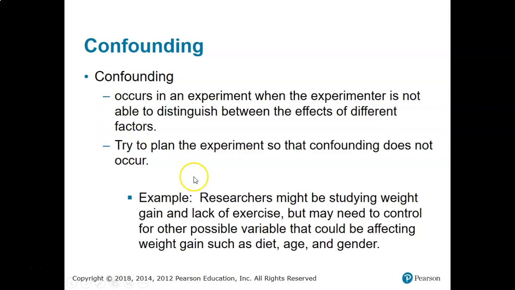An example of that might be if researchers are trying to study the effects of weight gain and lack of exercise, but we also know that a lot of other things might affect weight gain. For instance, your diet, your age, your gender, different things of that nature, your overall health might affect that as well. So a researcher would need to control for all these other factors that might be impacting somebody's weight gain besides just lack of exercise. So that would be called confounding.